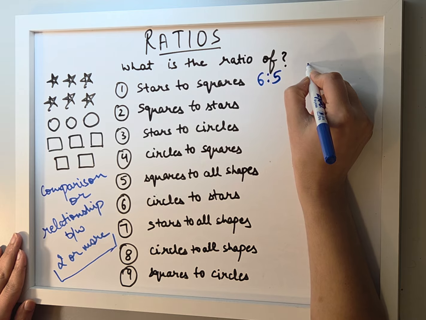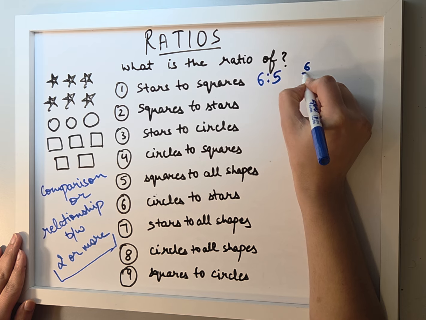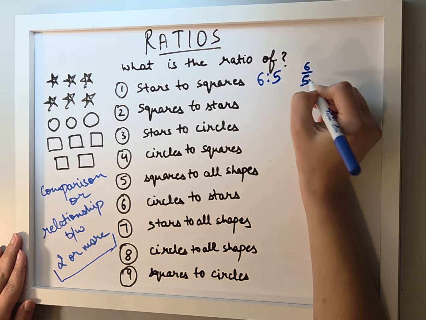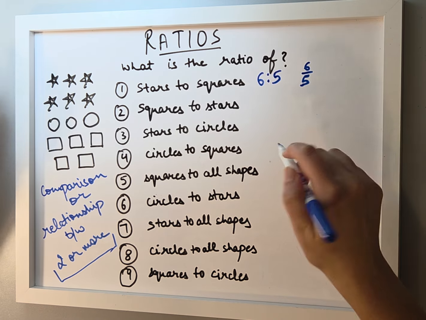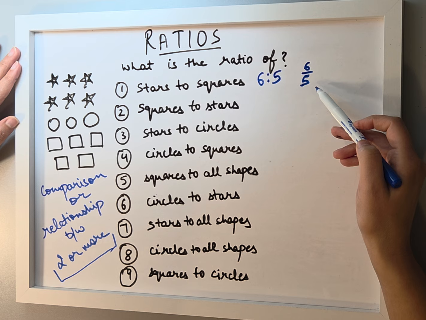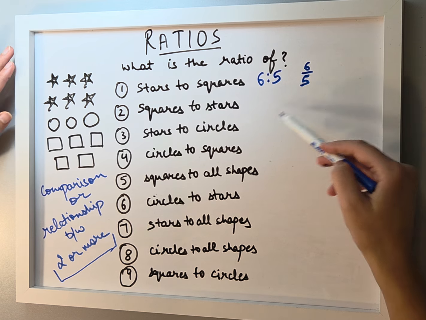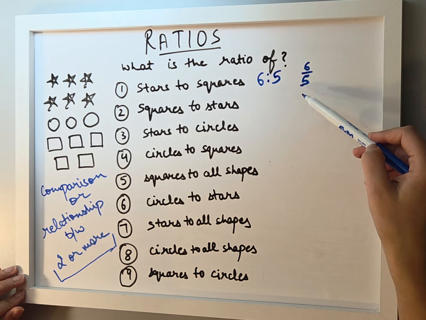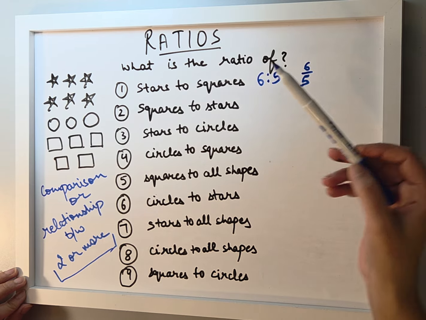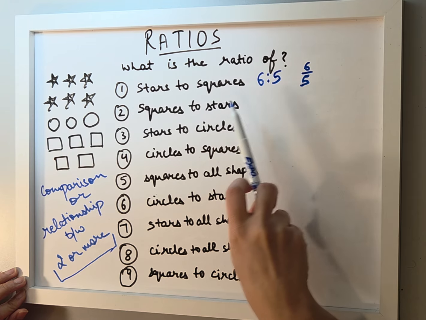Another way to present it is 6 by 5. So we can present it in any form, but we need to identify that both of them refer to ratios.